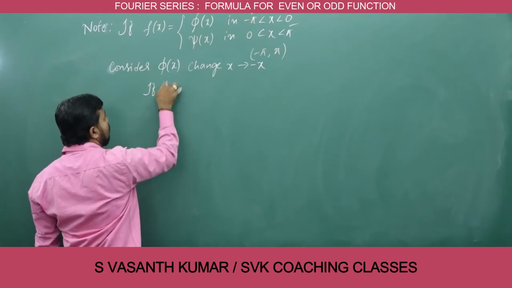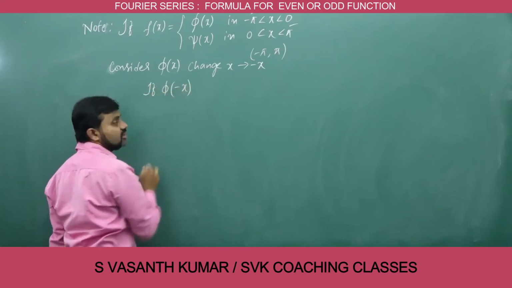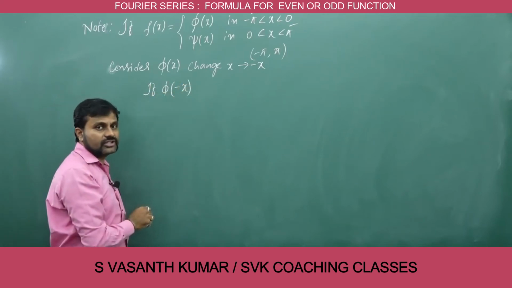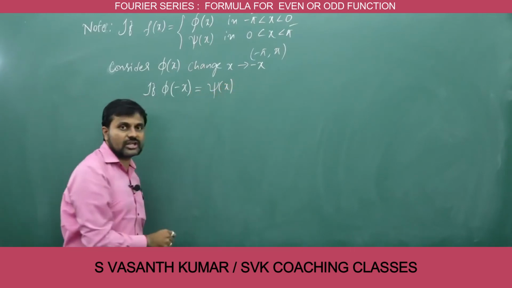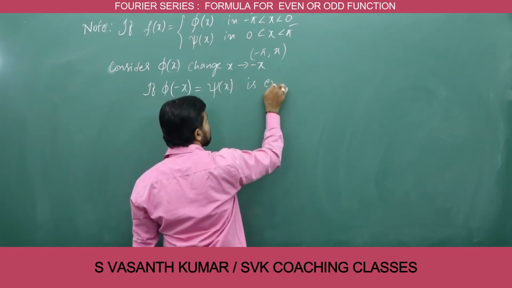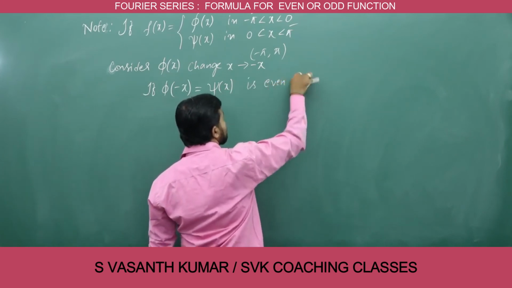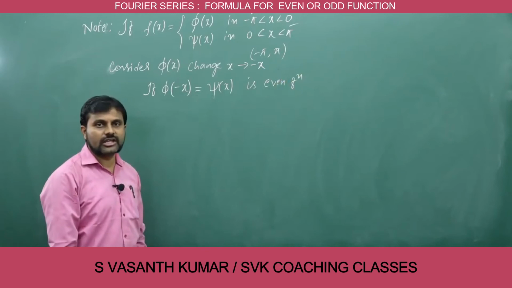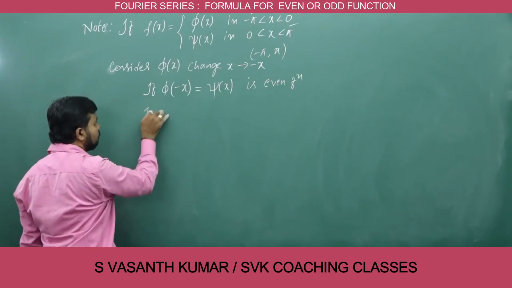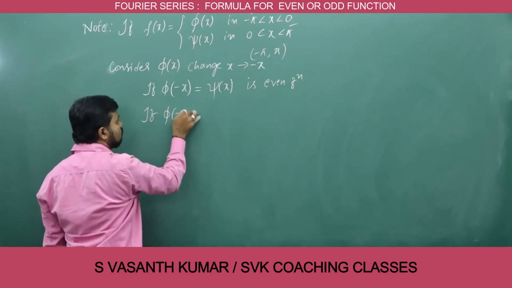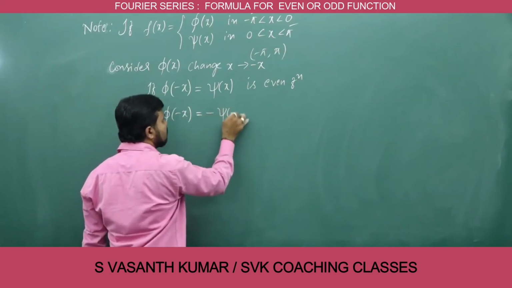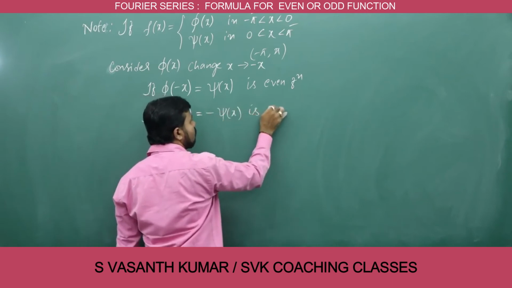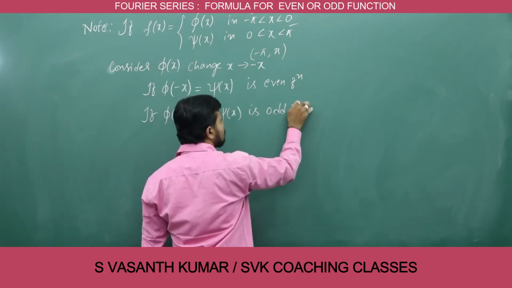If after changing x to minus x in phi of x, you get back psi of x, then such a function is called an even function. If after changing x to minus x in phi of x, we get minus psi of x, then such functions are called odd functions.